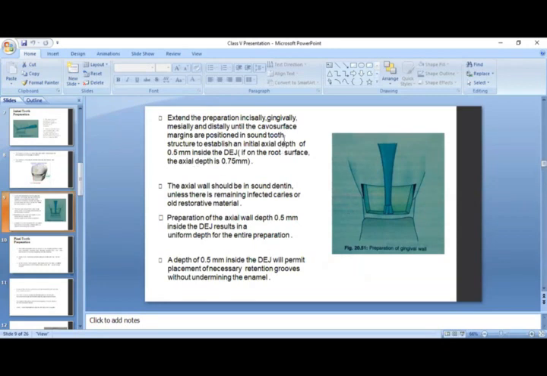What does that first statement mean? That statement means that you started your cavity preparation with that inverted cone burr.